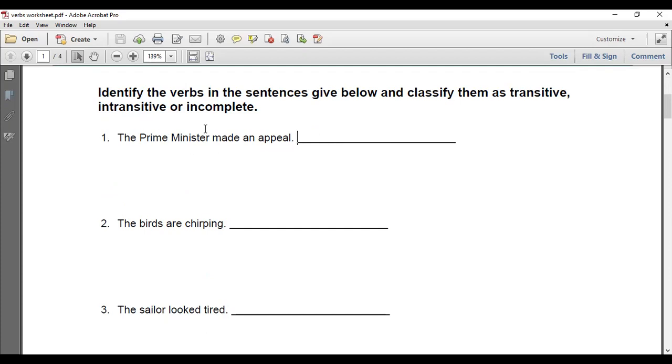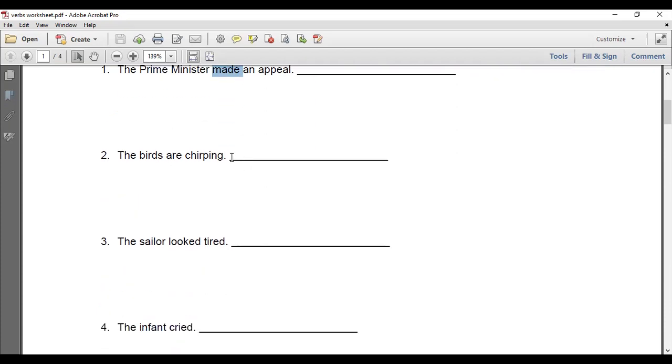So one, the Prime Minister made an appeal. I want you to write the name of the verb and its classification. Okay, start. The Prime Minister made an appeal. The birds are chirping.